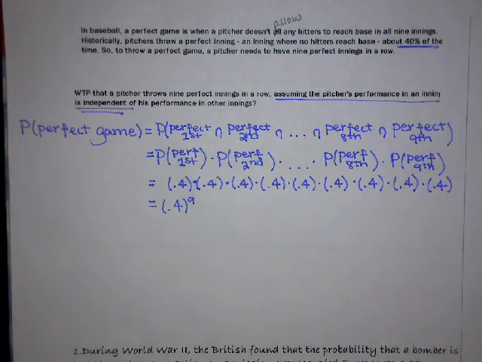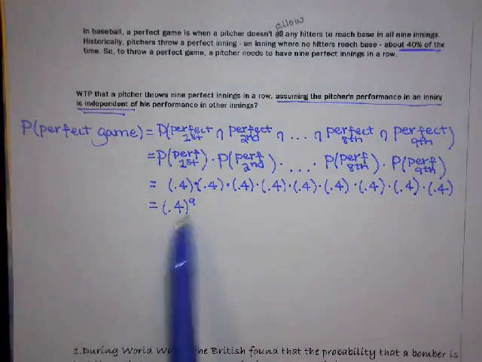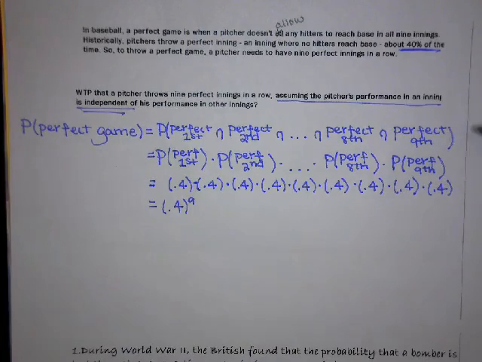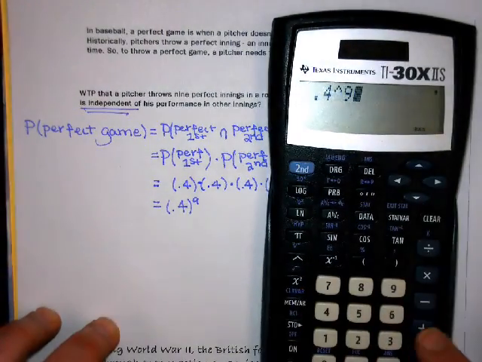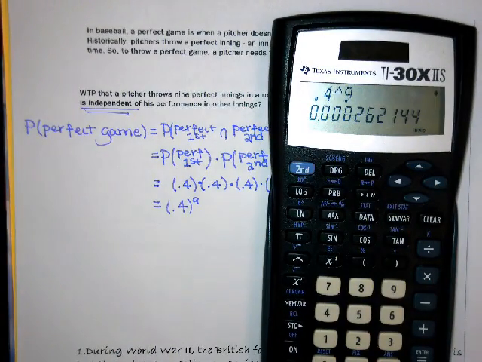I just wanted to show why we can just multiply 0.4 by itself 9 times, because each of them are independent and our multiplication rule says we can. So 0.4 to the 9th is 0.000262144.